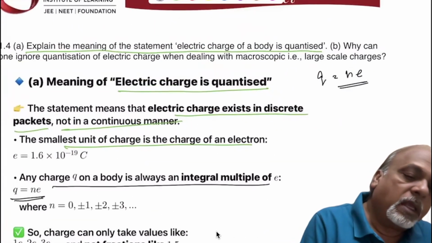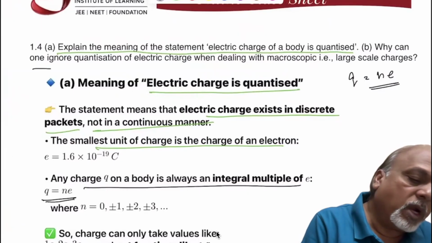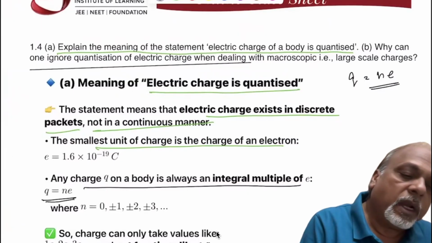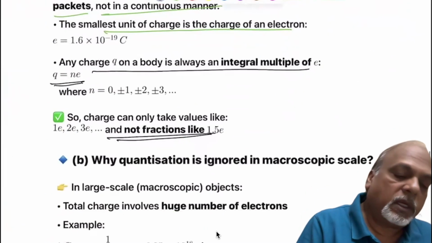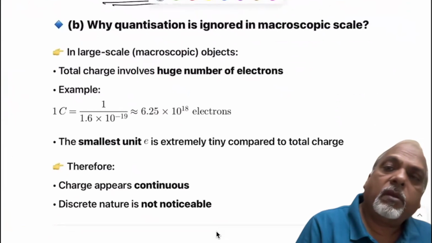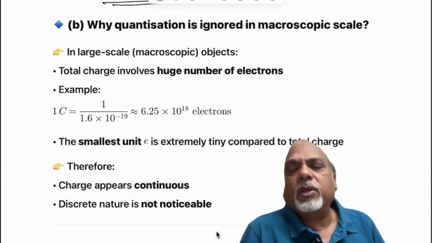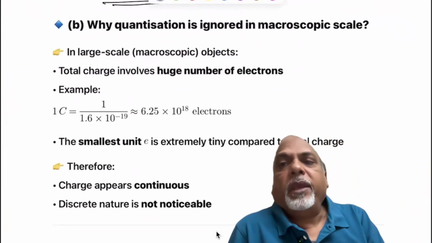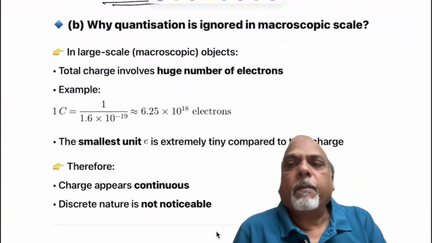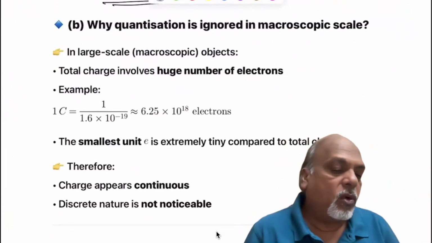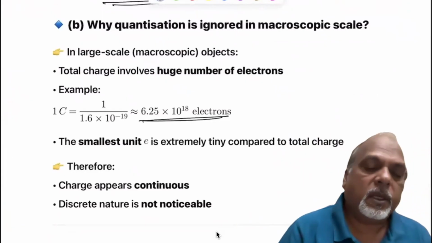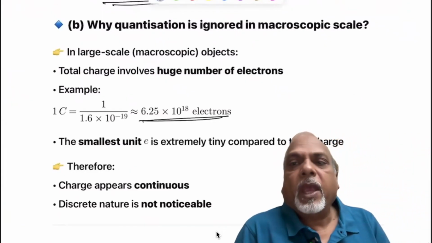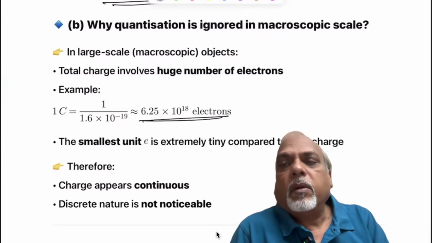Then another part: why can one ignore quantization of electric charge when dealing with macroscopic large scale charges? Large scale charges, we deal with in coulombs. Coulomb is a very big unit. In one coulomb, the number of electrons is difficult to count.